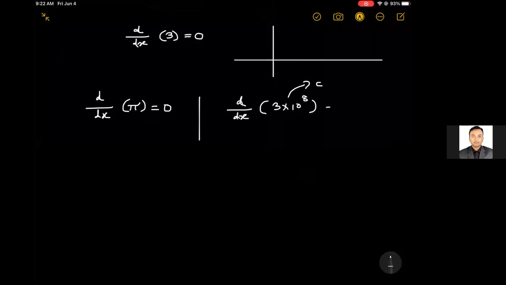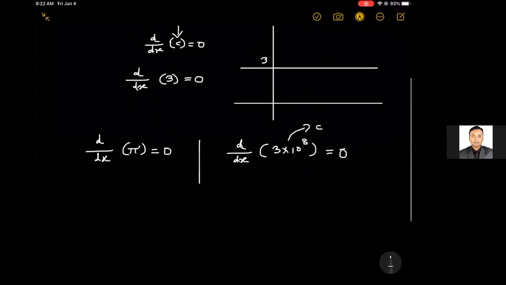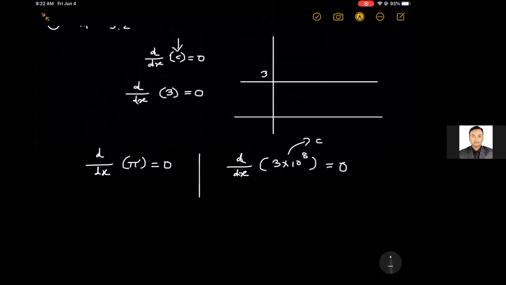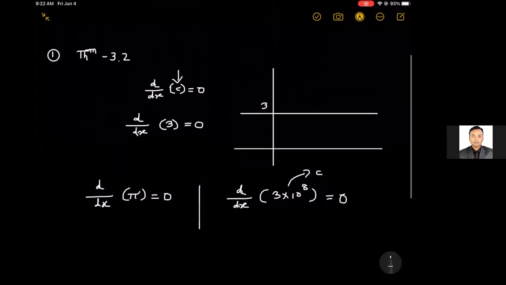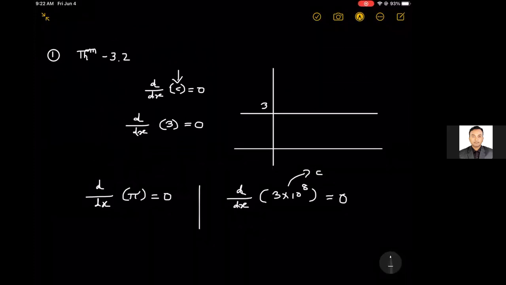So again, you can straight away say it's 0. That means whenever you see a constant and you are asked to find the derivative of it, you don't need to do anything else. Just write a 0. And we'll use it several times, trust me.